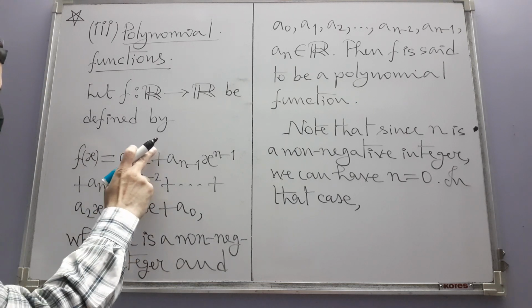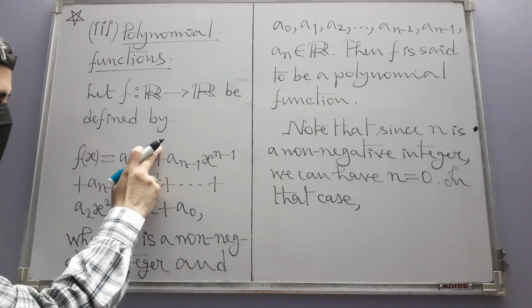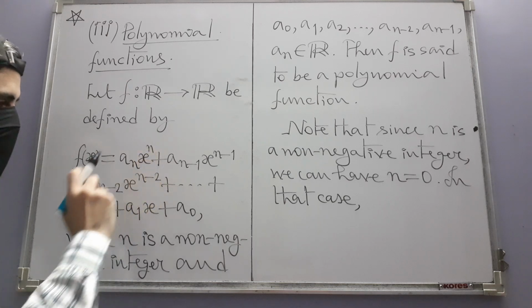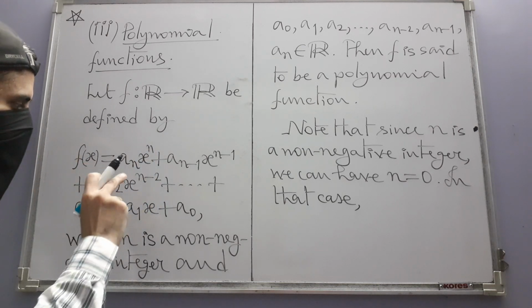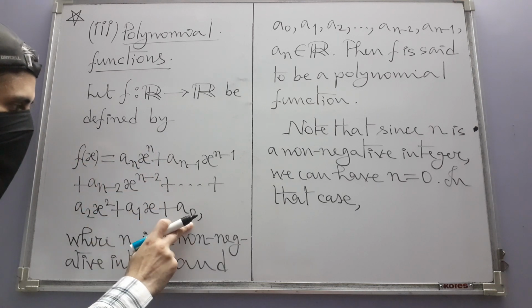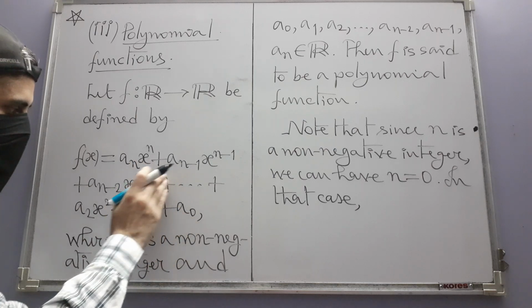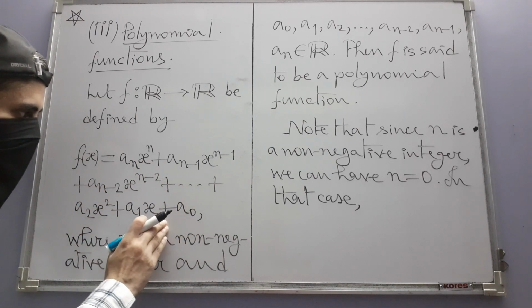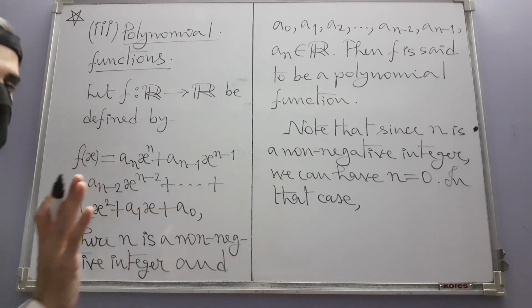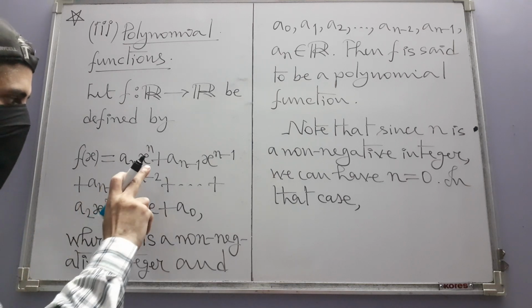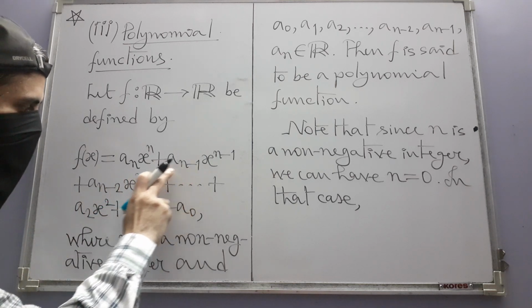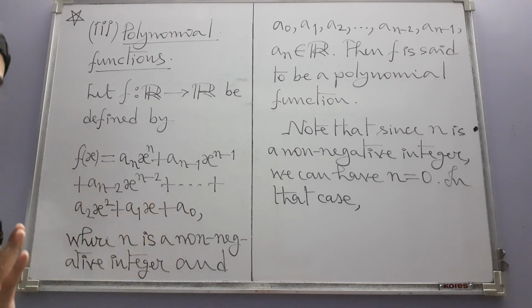What will you get if you put n equal to 0 here? X to the power 0 becomes 1. an becomes a naught. And the other terms that you see in this sum are actually not there. This is just a symbolic way of writing the entire thing.